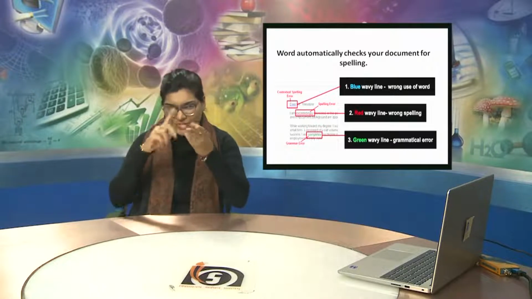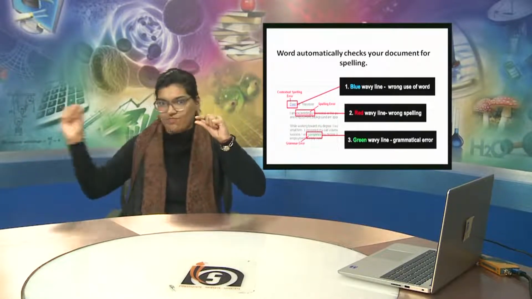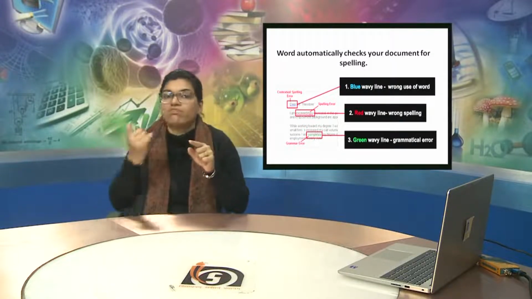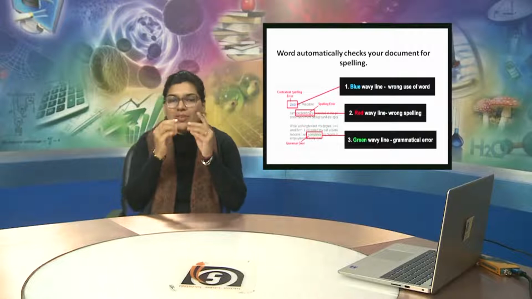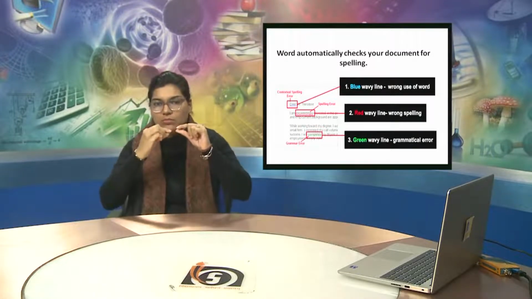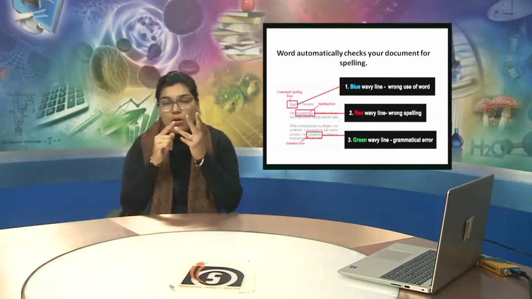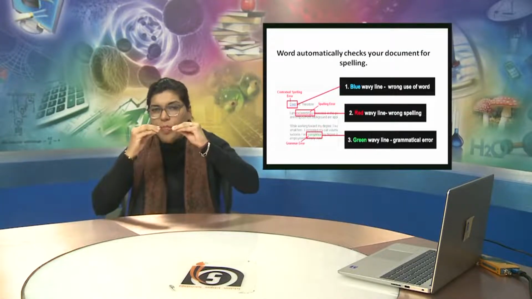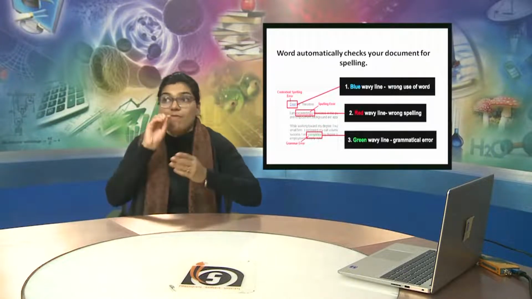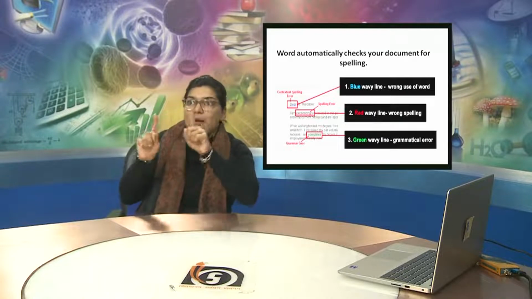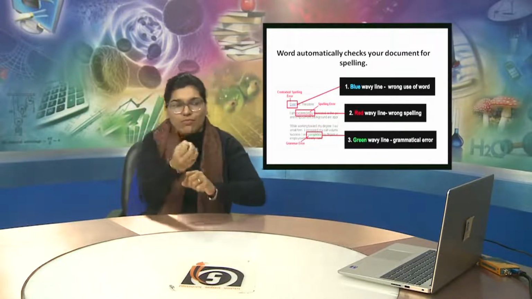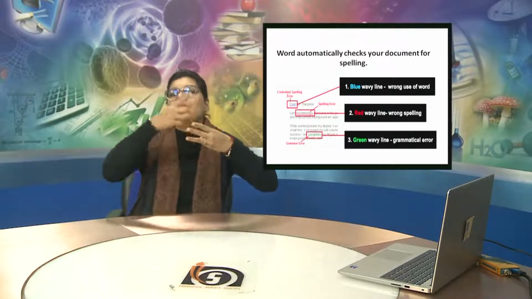Whenever there is a spelling error in a particular word, the red wavy line appears and it will show that you have written a wrong spelling of a particular word. For example, in a paragraph, if you have written a wrong spelling of a particular word, it will automatically detect it by the red wavy line.